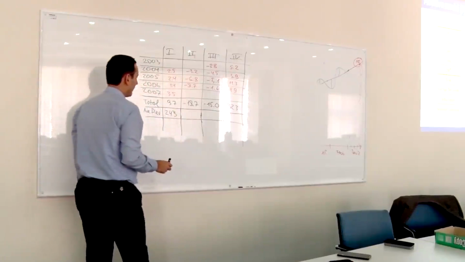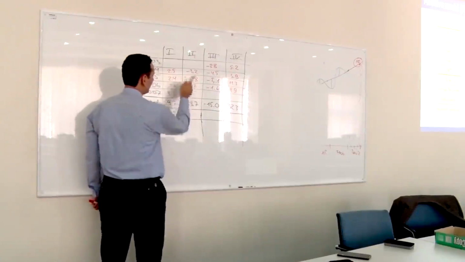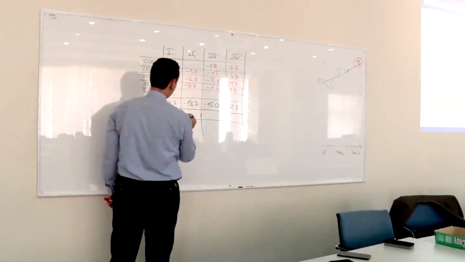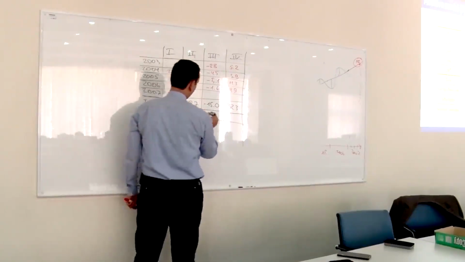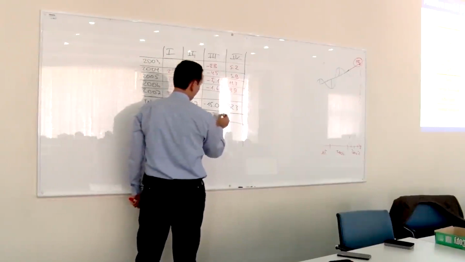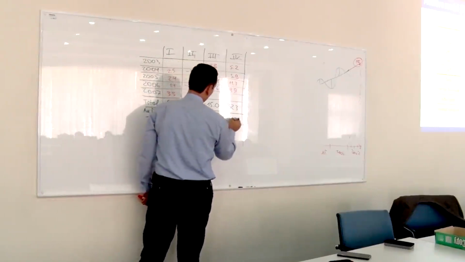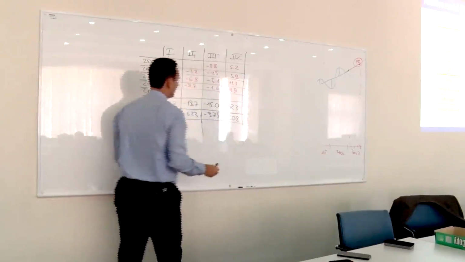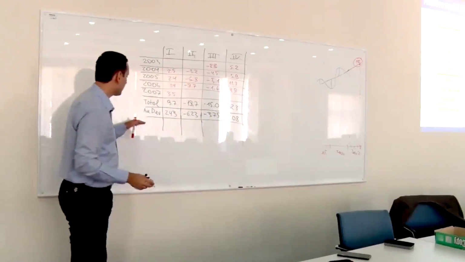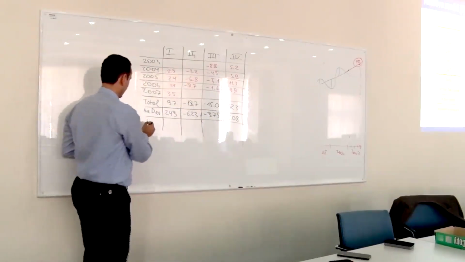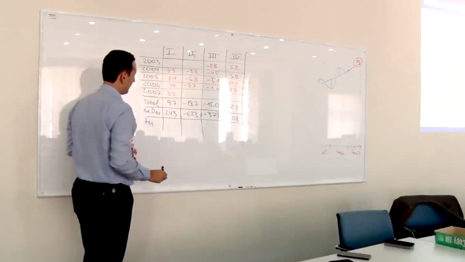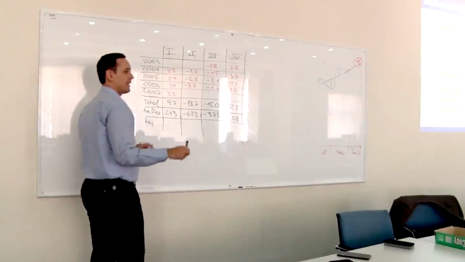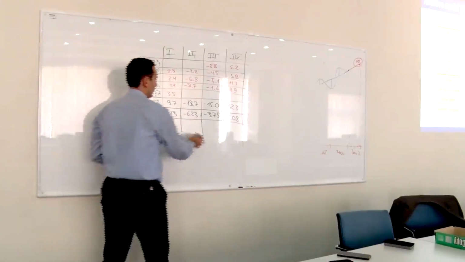And here you divide by 3. So it's negative 6.23, negative 3.75, and 8.08. Then you have the adjustment. Adjustment means you take the average of these 4 averages.